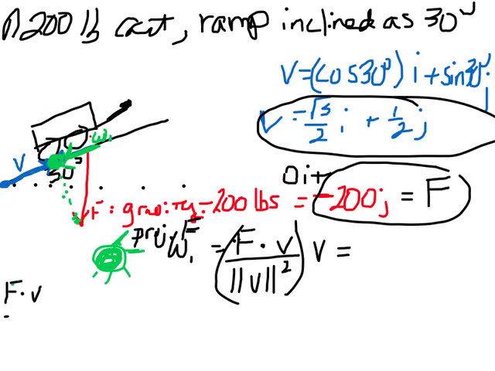So I multiply the two x parts, square root of 3 over 2 times 0 is 0, so there's not going to be anything there. And then if I multiply the j's, let me circle what I'm looking at so you can follow. The coefficients of the j is a half times negative 200. That's going to be negative 100. So F dot v is negative 100, and I can put that on the top of the fraction.